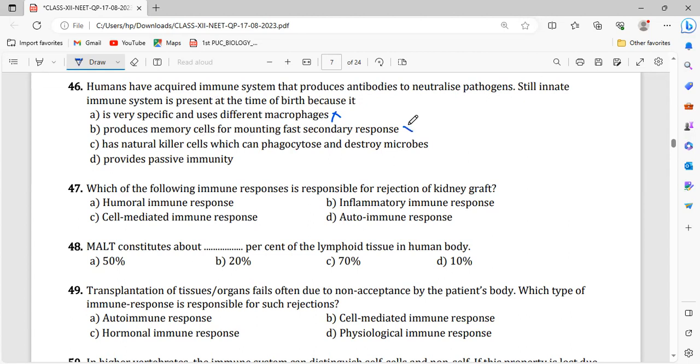Innate immunity cannot produce memory cells. Has natural killer cells which can phagocytose and destroy microbes? Yes, they have natural killer cells, so this is a part of innate immunity. Provides passive immunity? In passive immunity there is direct transfer of antibodies, and antibodies are not involved in innate immunity. So even this cannot be the answer. Right? So the answer is option C.